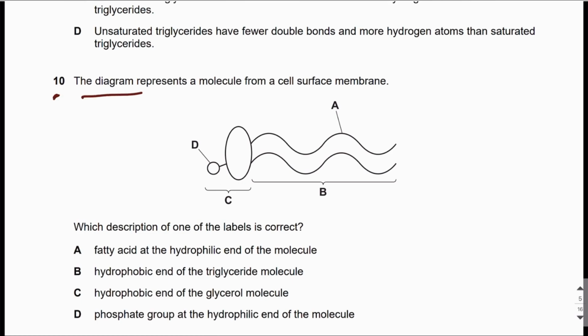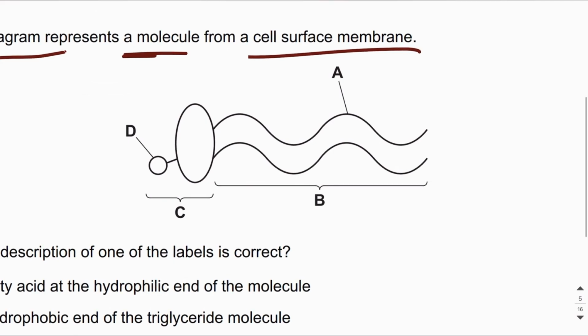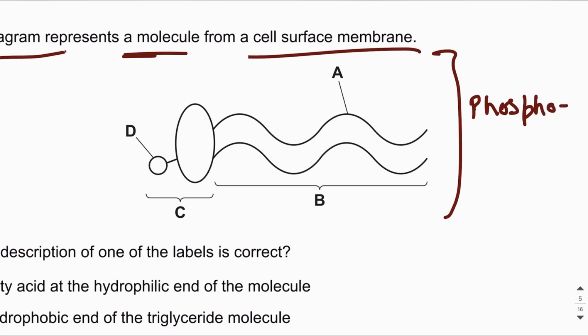The diagram represents a molecule from a cell surface membrane. So guys, this is a molecule from the cell surface membrane, which means that this molecule is a phospholipid, right? And what is A? In this molecule, A is the hydrophobic tail, or the fatty acid tail.